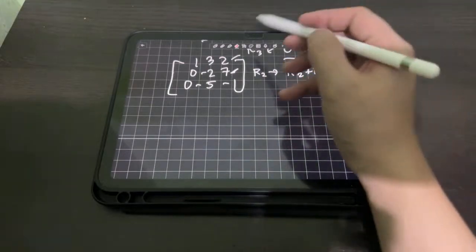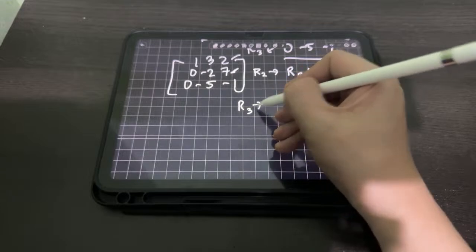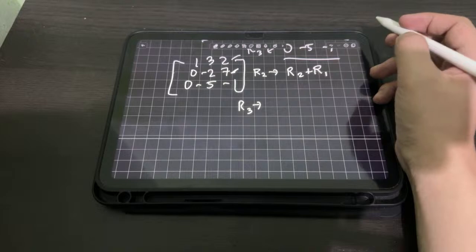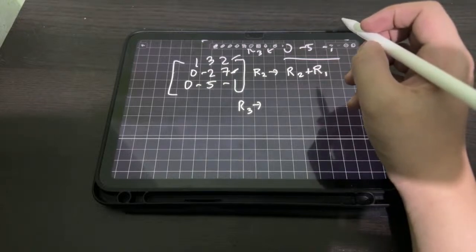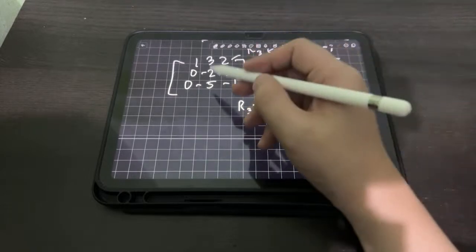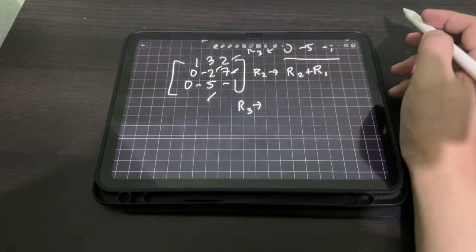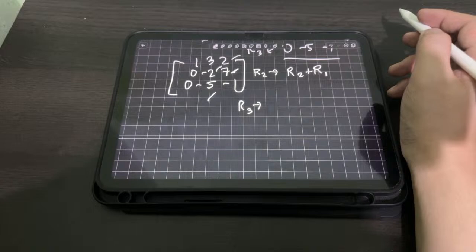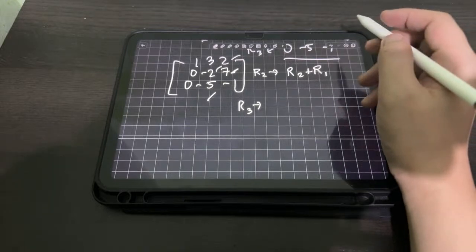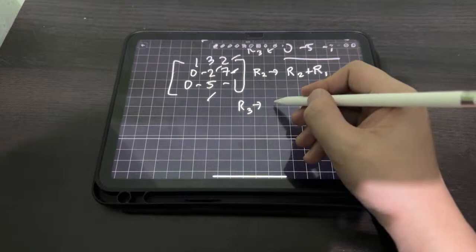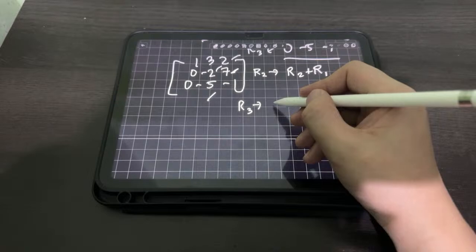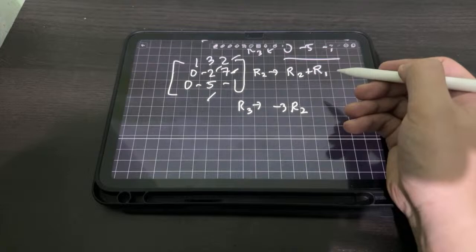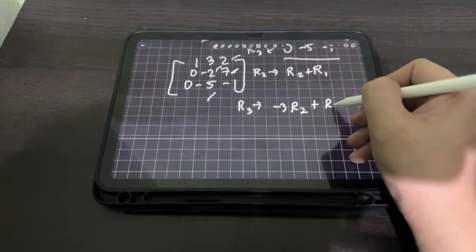One possibility is, if we have the new entries in row 3, because we have -5 and -2 here, what if we perform -3R2 plus R3?